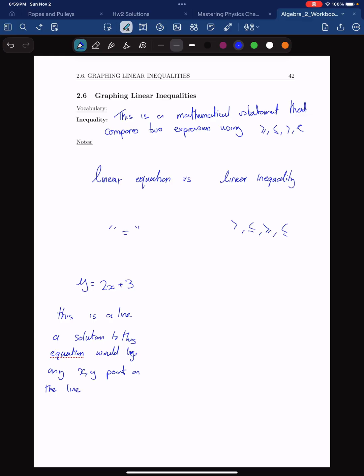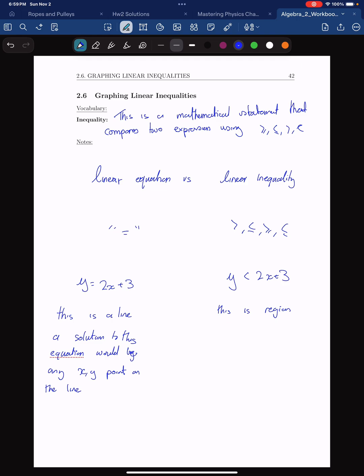Now, inequalities are a bit different. This becomes an inequality if I have my less than sign right there: y is less than 2x plus 3. Here I'm looking at a region. This is a region of, I don't want to say space, but for lack of a better term, we'll say space.